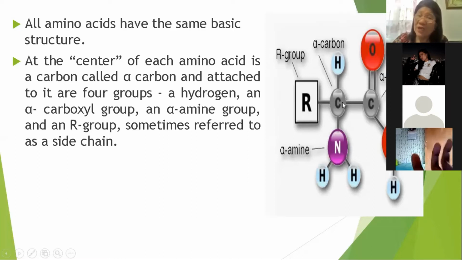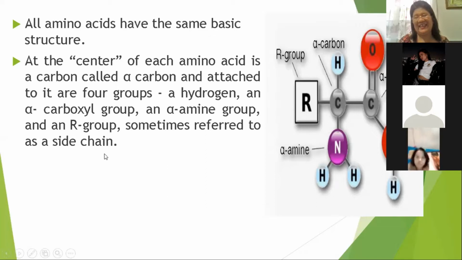Then this is the alpha amino. Did you get it? What is meant by alpha? Alpha means it follows the central atom. Then the side chain, this R is known as the side chain or the branch chain.